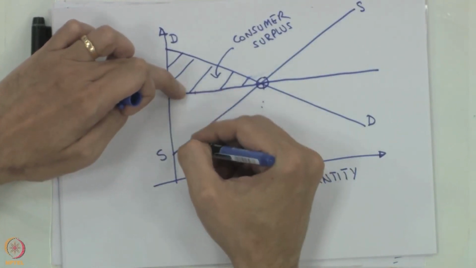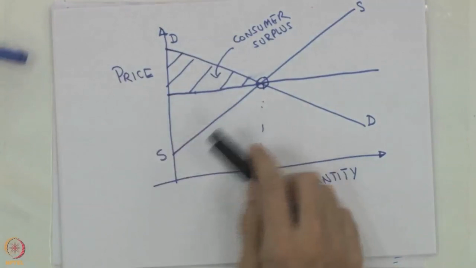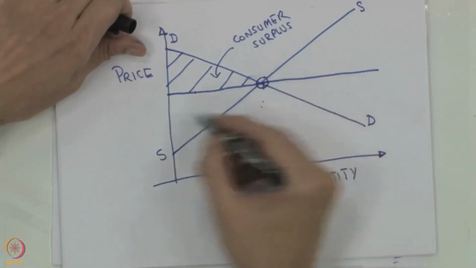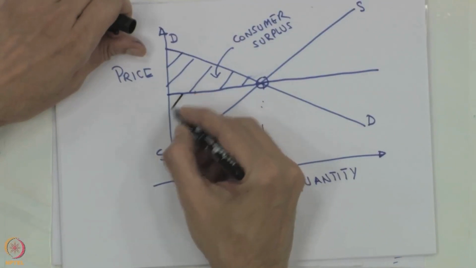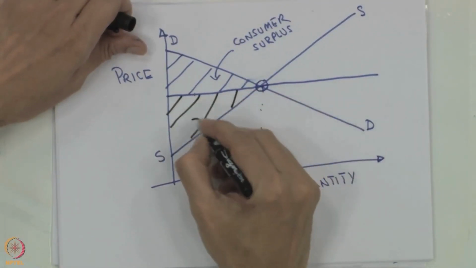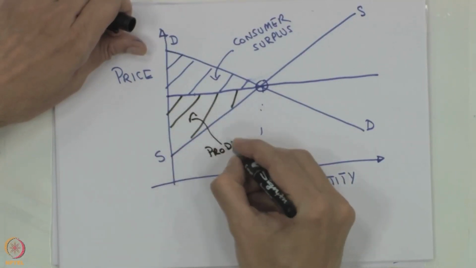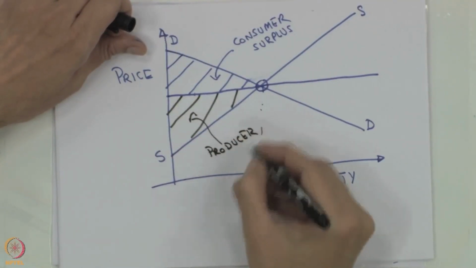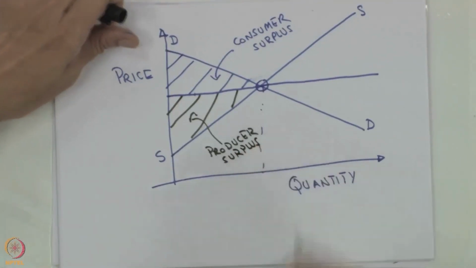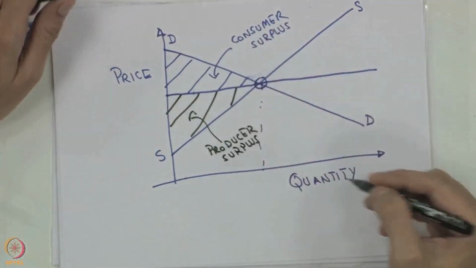So, this part shows the producer surplus, and if you integrate this again over the entire range of quantities, we will get the producer surplus. And this total is consumer plus producer surplus.